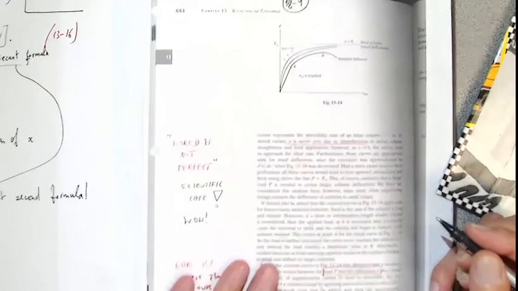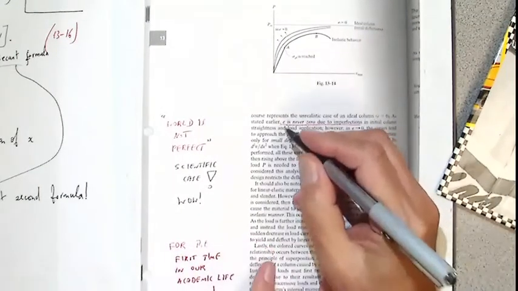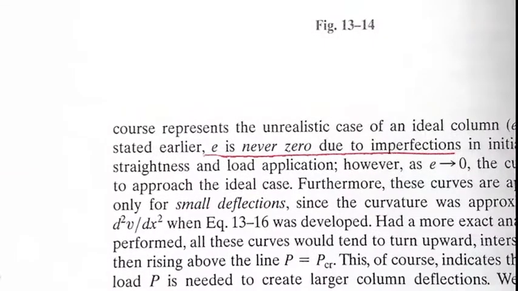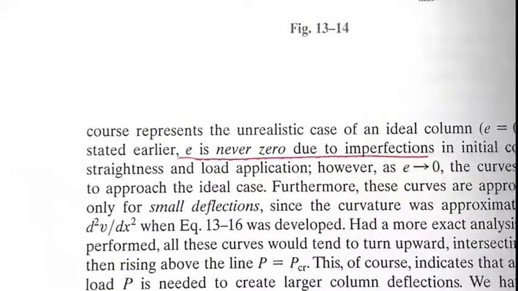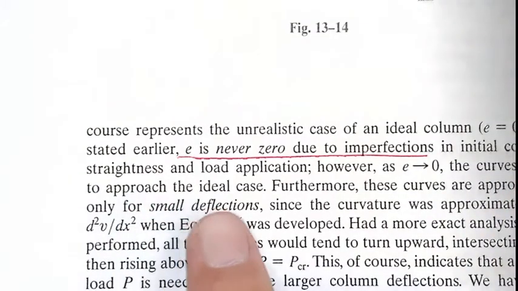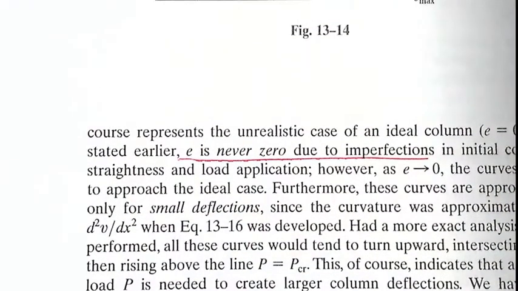Now, E, this author says, E is never 0. It says eccentricity is never 0 due to imperfections in initial column straightness and load application. It is impossible, we say, that the load is applied exactly in the center. Pay attention, in statics and in strength of materials we always considered loads perfectly applied.